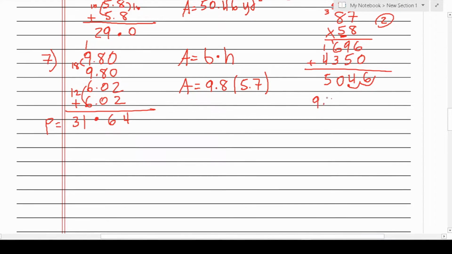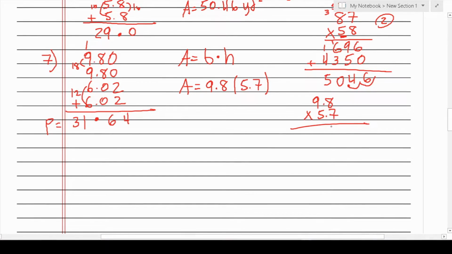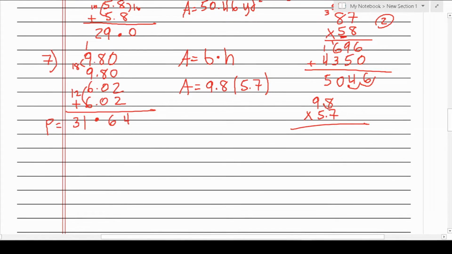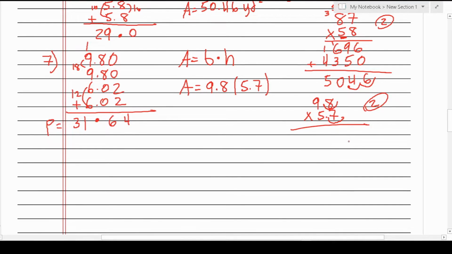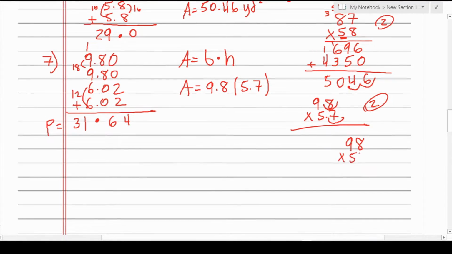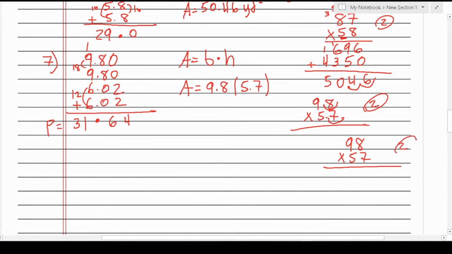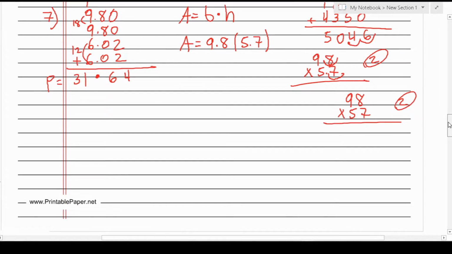To do this work with decimals, we're going to shift this decimal one time to the right, and this decimal one time to the right. So in total, we shift the decimal place 2 times. At the end, we're going to shift those decimals back in. So this is 98 times 57, albeit with 2 decimals to shift back to the left at the end.